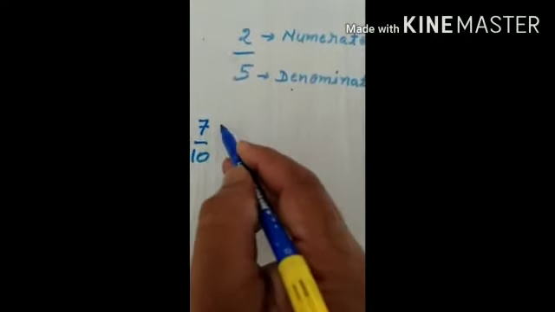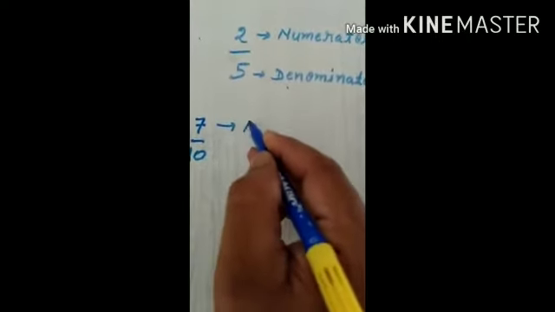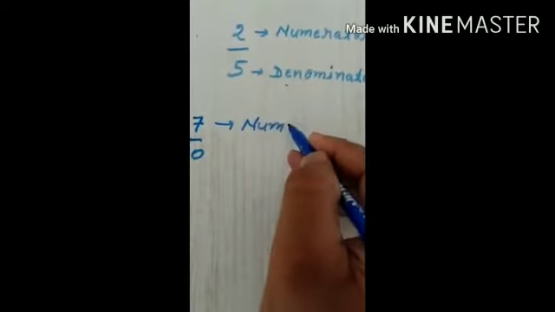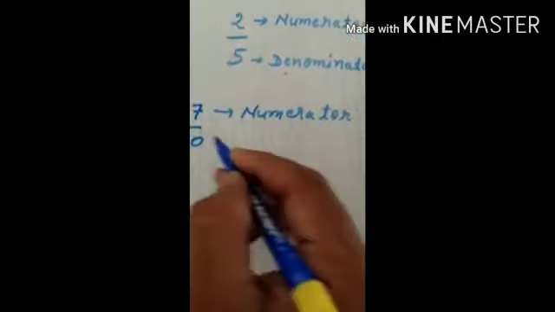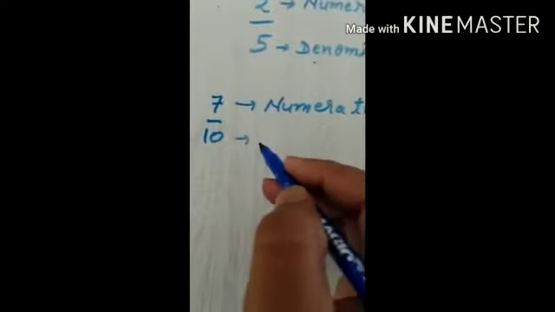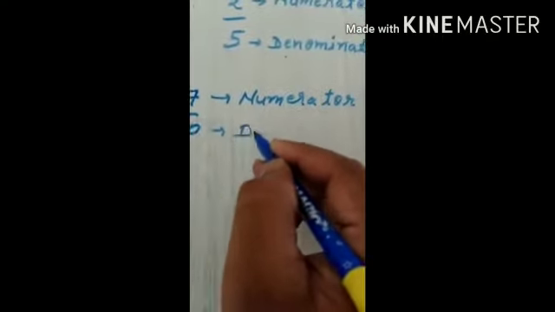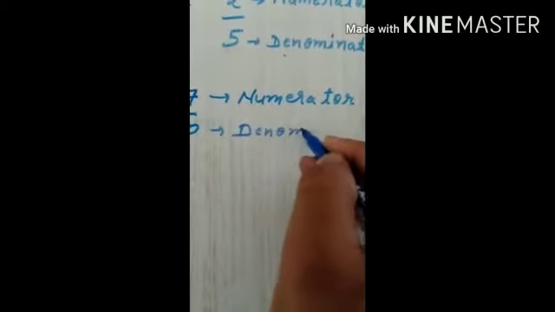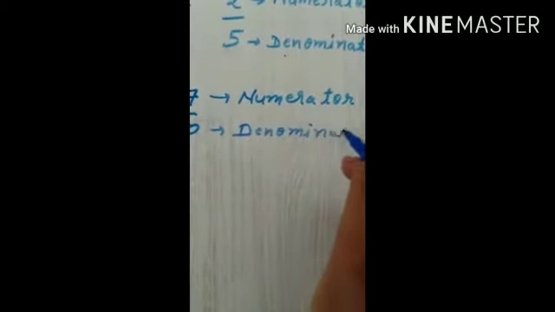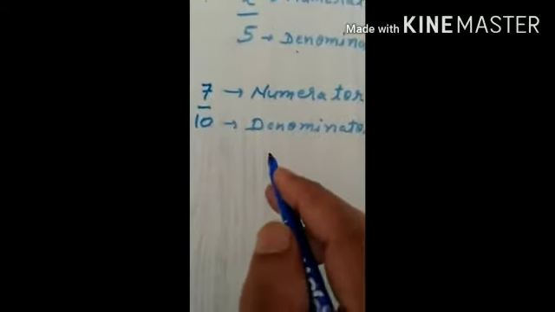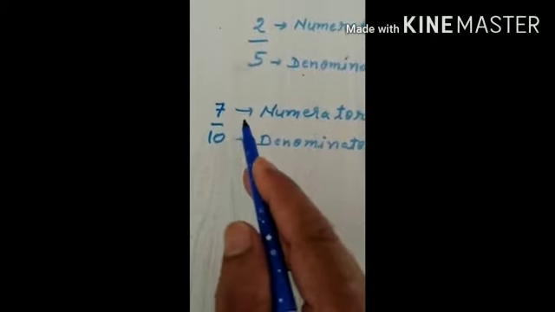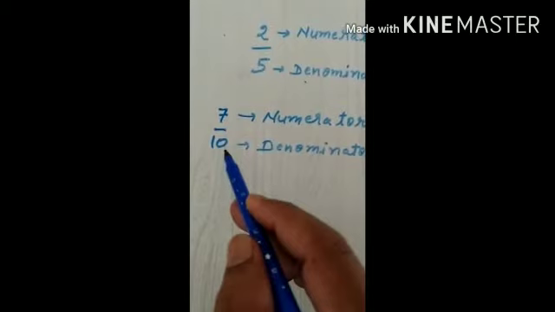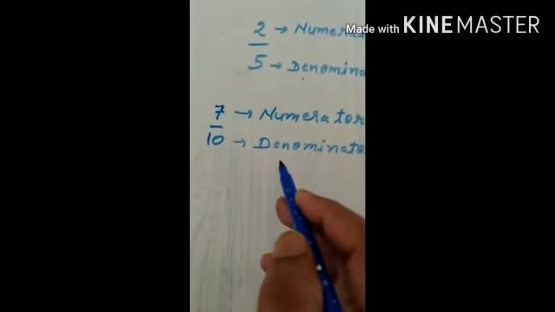In this, the numerator is 7 and the denominator is 10. So in the fraction, the upper part is called numerator, the lower part is called denominator.